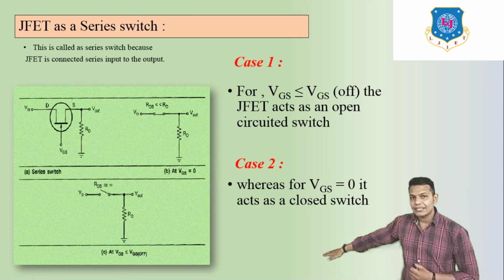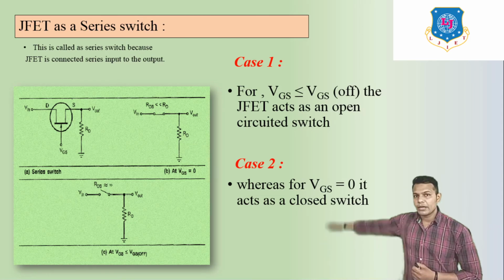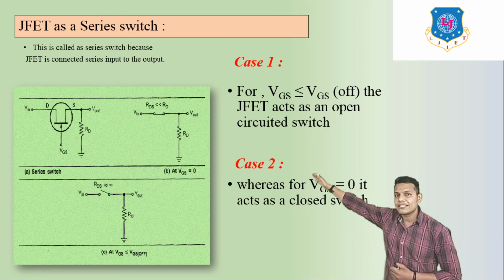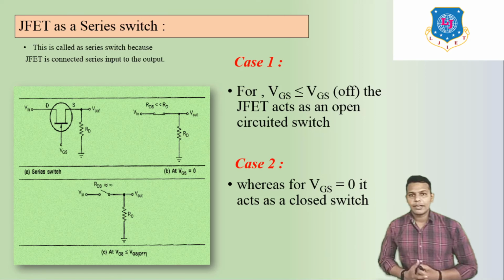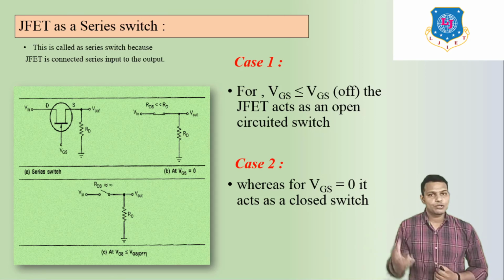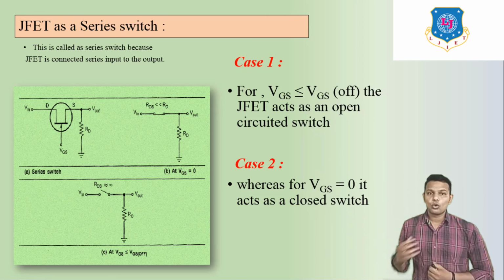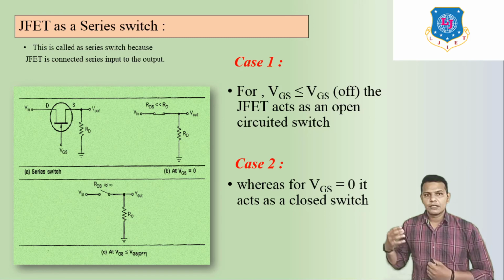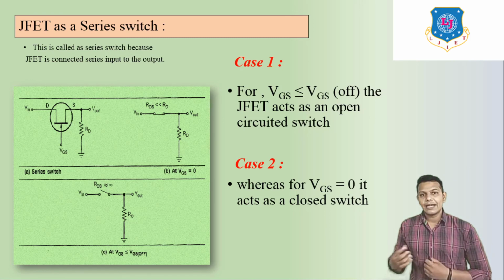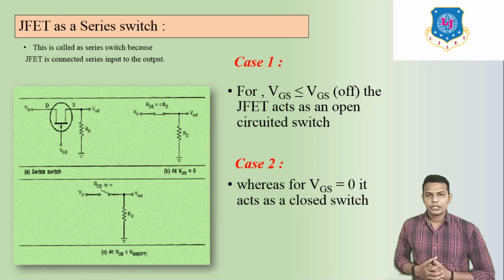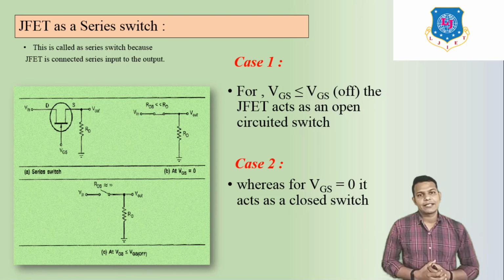Above is case number 2, where VGS is equal to 0, so there is a closed switch. That means RDS is much less than RD. So this is the JFET as a switch.